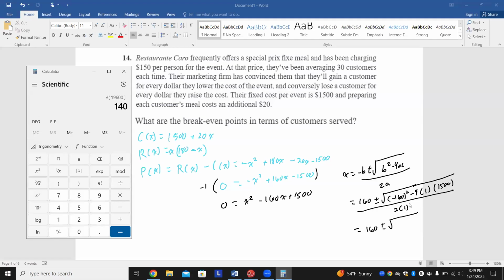So this would be 160 plus or minus 140 over 2. So I can do 160 plus 140 divided by 2. Oh, it's not even typing. Let's try that again. So that's 160 plus 140 divided by 2, which is 230.